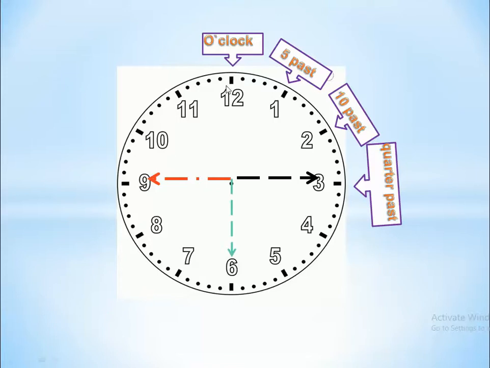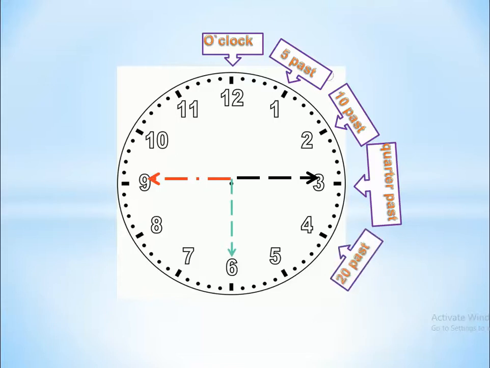Again, 12 is o'clock, exactly o'clock, sharp. 1 means 5 minutes past, 2 is 10 minutes past. 3, we can consider it as 15 past, but we can't say it like this. We know that on 3 we have quarter past.